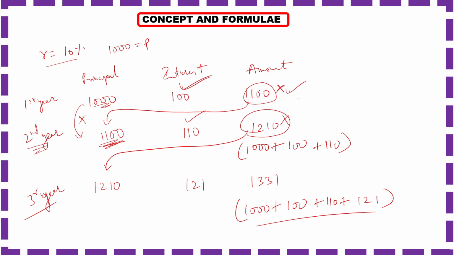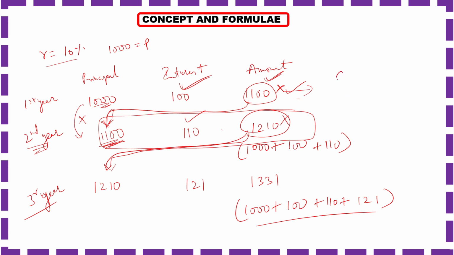For the first year, simple interest, compound interest, for any interest it is the same, but the entire difference will start from the second year, where the amount of the previous year becomes the principal of the next year, right? Hope you understood the difference. You all might be aware of this, but I want to repeat it once again so that you will be much more clear. Now let us move to the formula of compound interest.